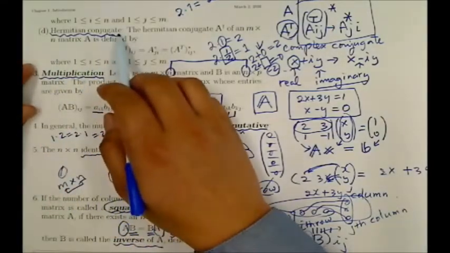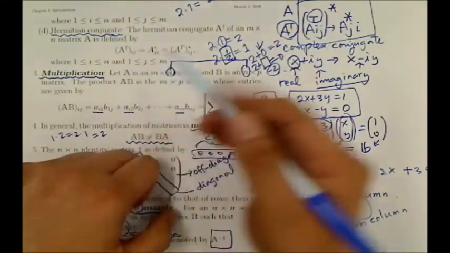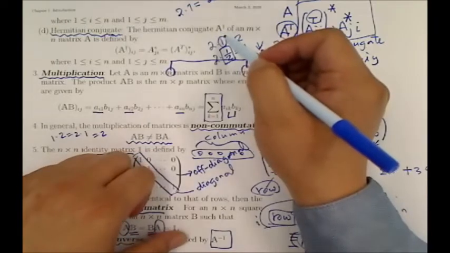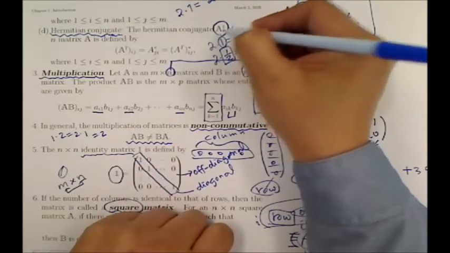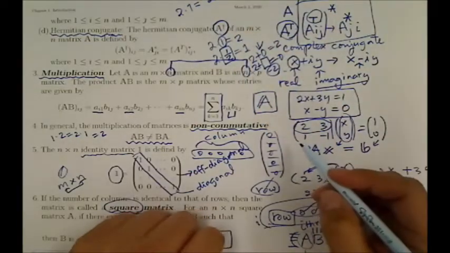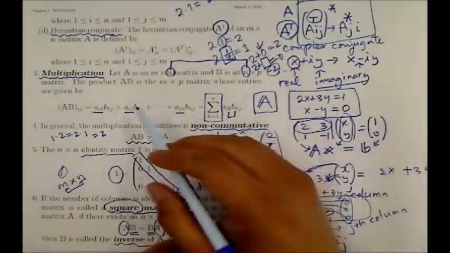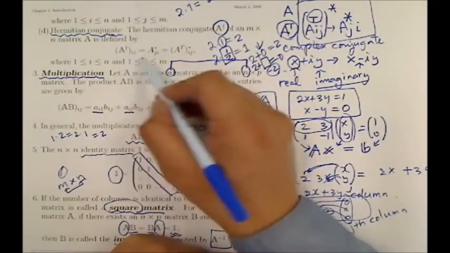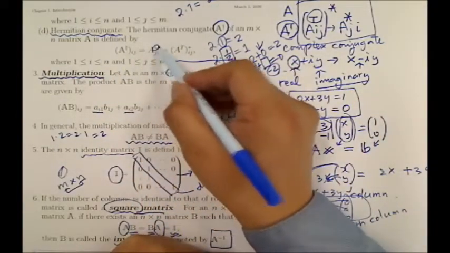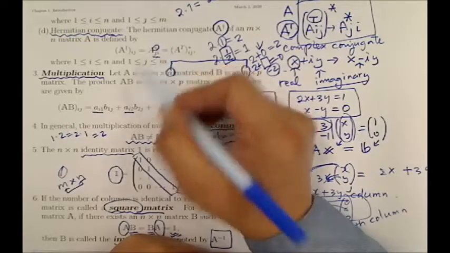Next, we consider Hermitian Conjugate. Hermitian Conjugate is a matrix that is denoted by a dagger. A dagger ij is the complex conjugate of Aji.